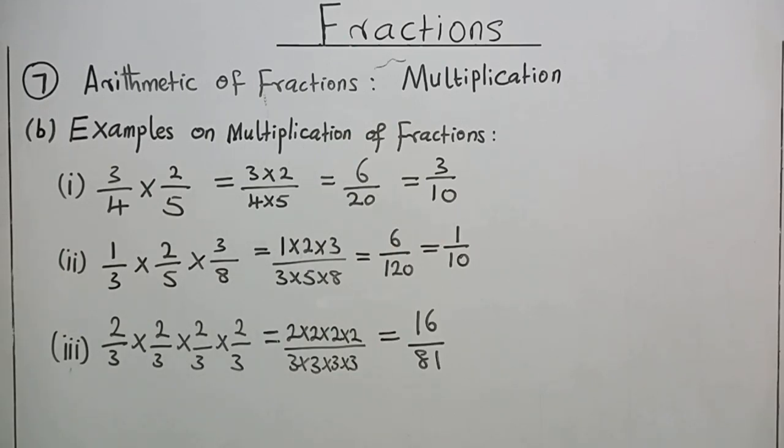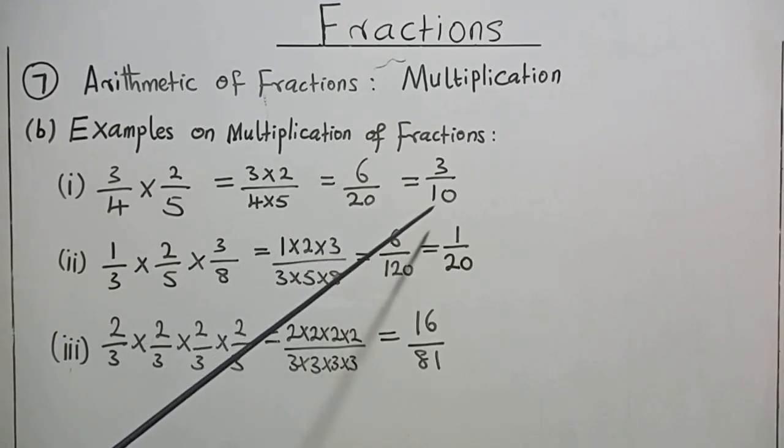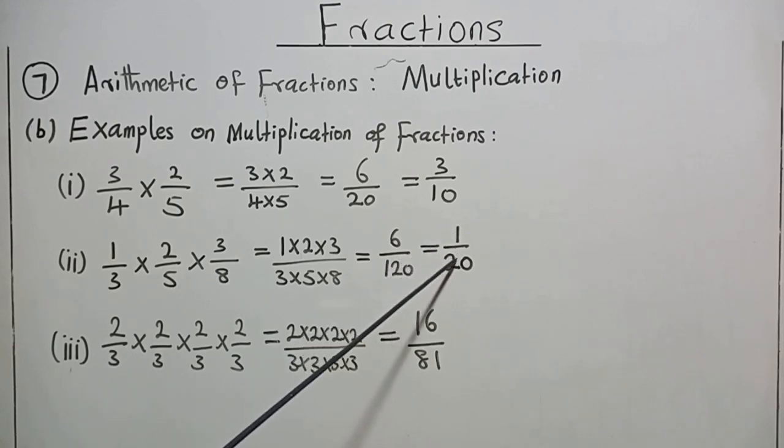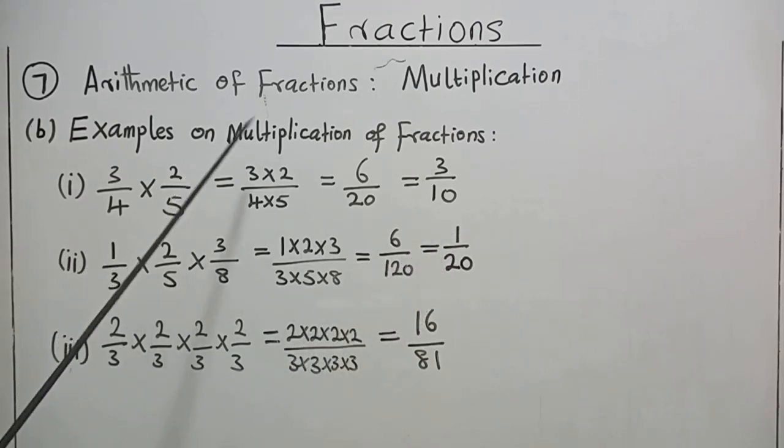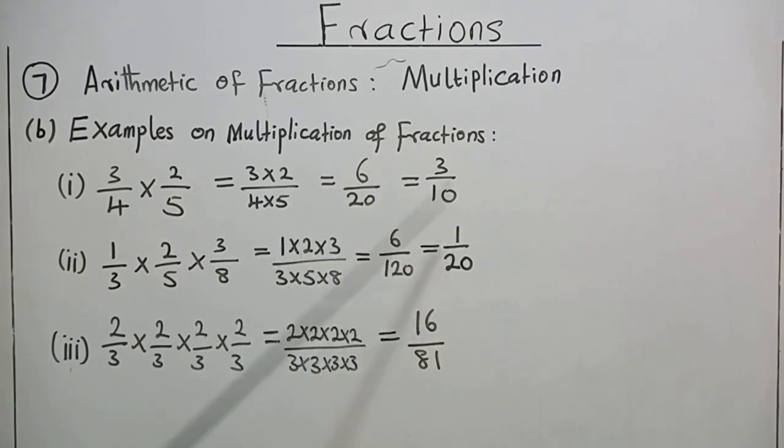And when 6 divides 120, it is not 10. Please let that correction be done. And here it comes. Instead of 1 over 10, the result is supposed to be 1 over 20. Thank you. Therefore, the result of this number operation is 1 over 20.